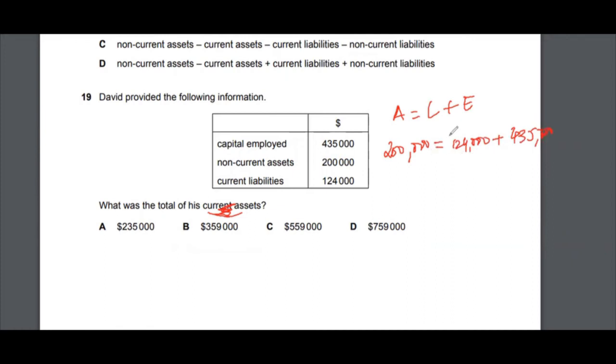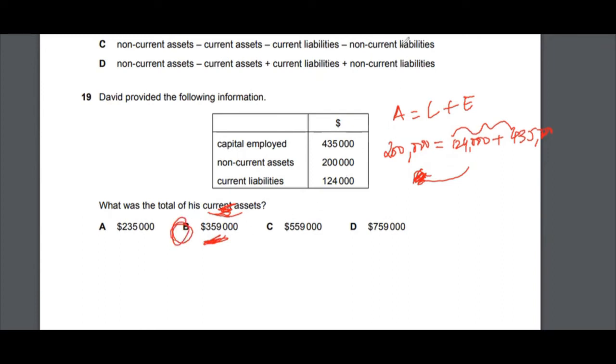If you look, this number is not equal to 200,000. When you do the maths, this number is actually greater than $200,000. So the remainder is current assets, and that would come out as 359,000. So the correct answer to multiple choice 19 is option B.